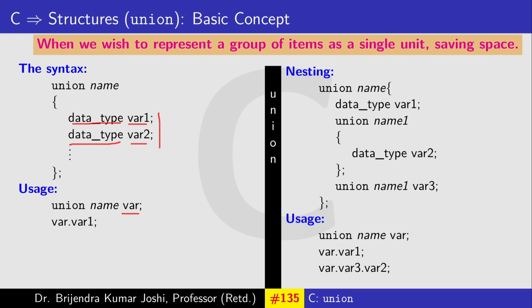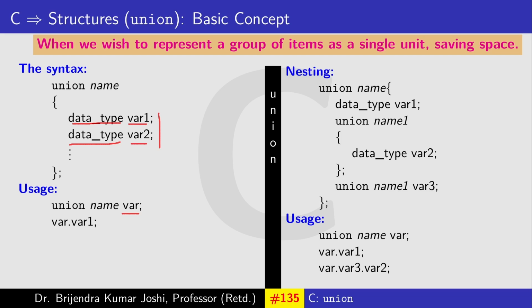The only thing is, it will behave as a character as well as an integer. Whatever is the most recent usage of the union, it will behave like that data type. If we have assigned a value to the character, it will behave as a character.